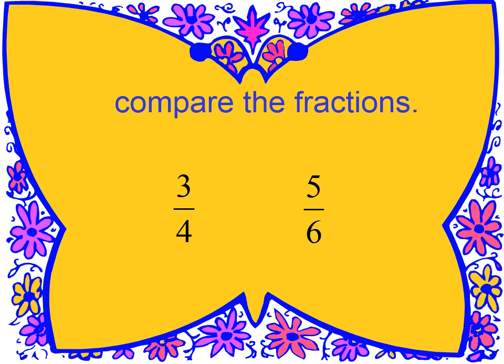Okay, in this way we care about the denominators. Who can tell me what the denominators are? Excellent. It's 4 and 6. Look at the bottom numbers, 4 and 6. What do we want to do here?